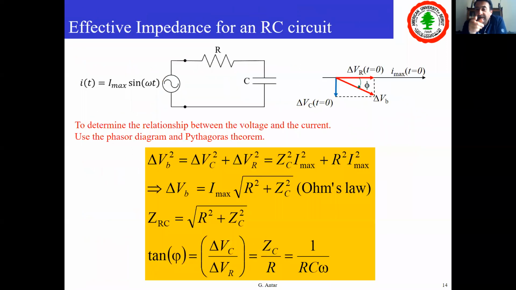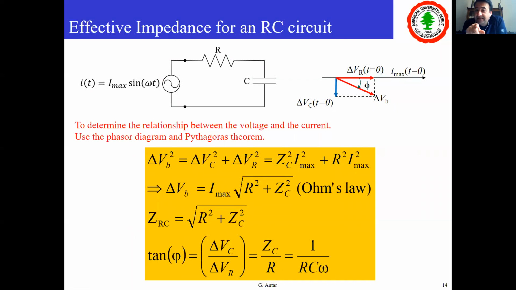In other words, delta VR is going to give me 0 phase difference between the current I and delta VR. So basically, if my generator current is I max, then delta VR at t equal to 0 will give me the same phase, which is basically the angle equal to 0. Okay.